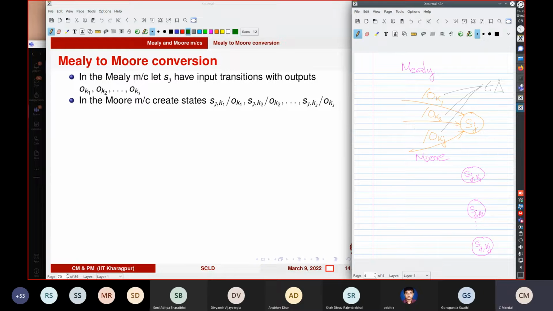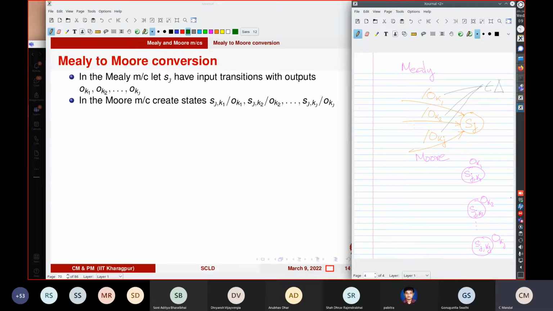In this state, your output will be OK1. In this state the output will be OK2, and so on, and in this state your output will be OKJ.